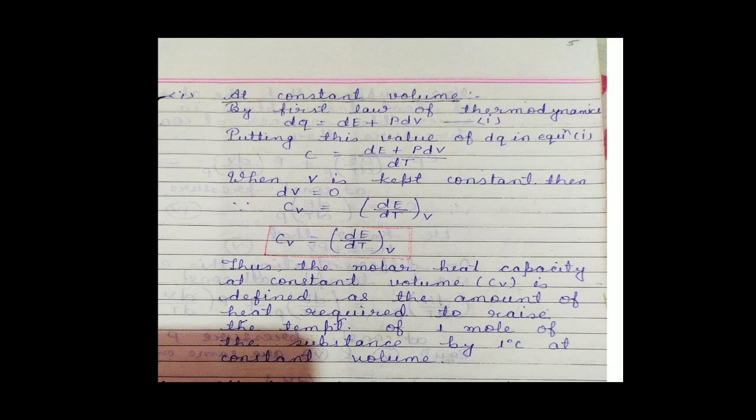So Cv is equal to dE by dT at constant V. Thus the molar heat capacity at constant volume is defined as the amount of heat required to raise the temperature of 1 mole of the substance by 1 degree Celsius at constant volume.